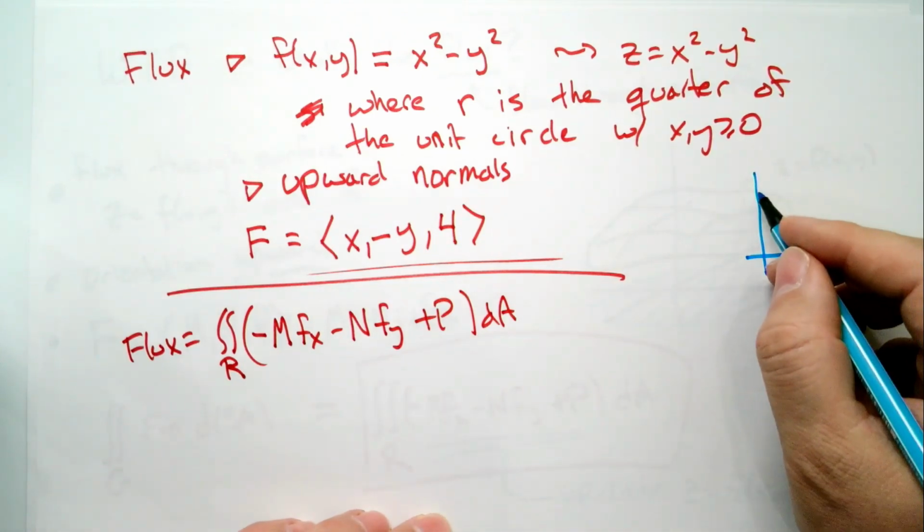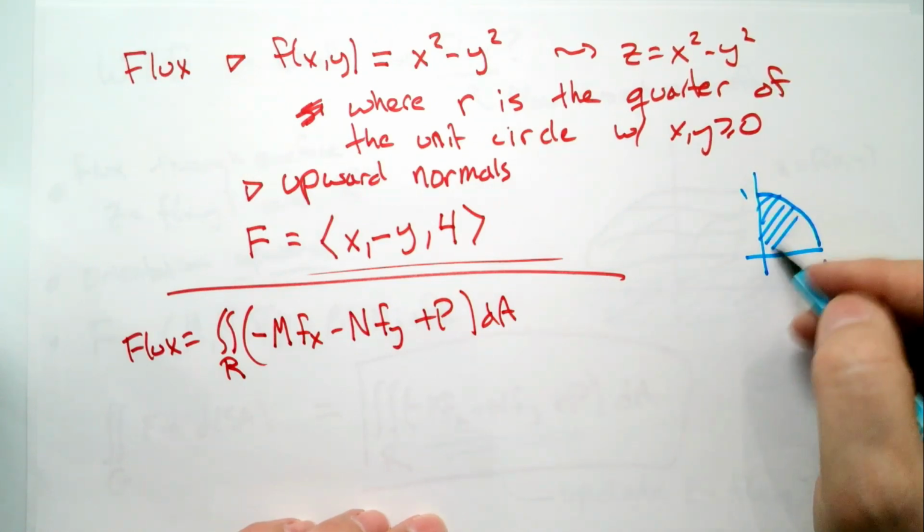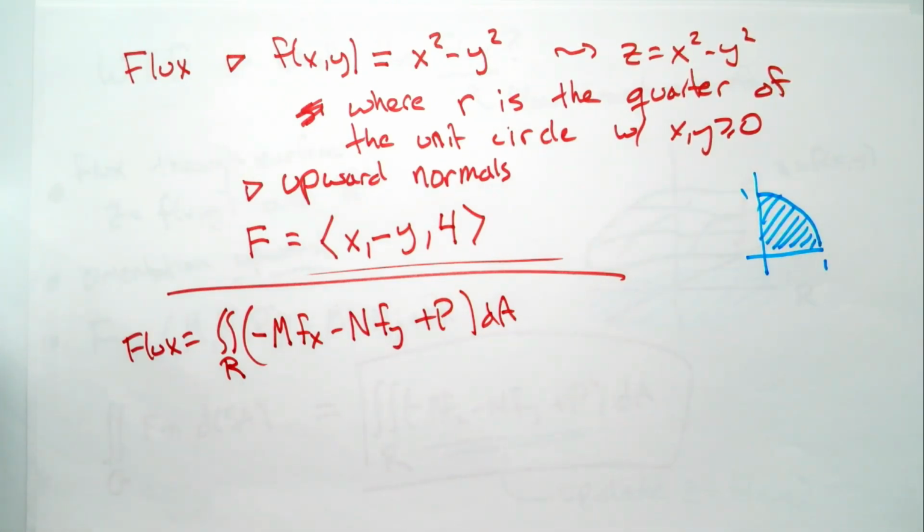Well, it's a quarter of a unit circle, so we should probably switch to polar. When you see boundaries which are circles, polar is the natural thing. You should almost automatically think, ooh, circle, I should think polar, because most of the time, you're right. So if you see a circle, think polar.